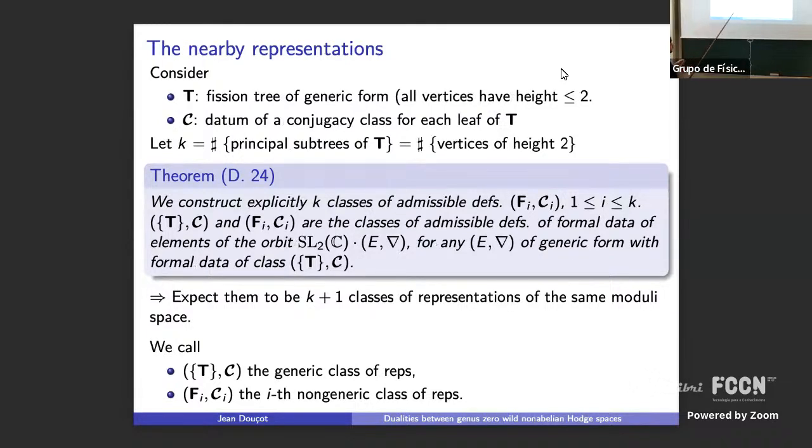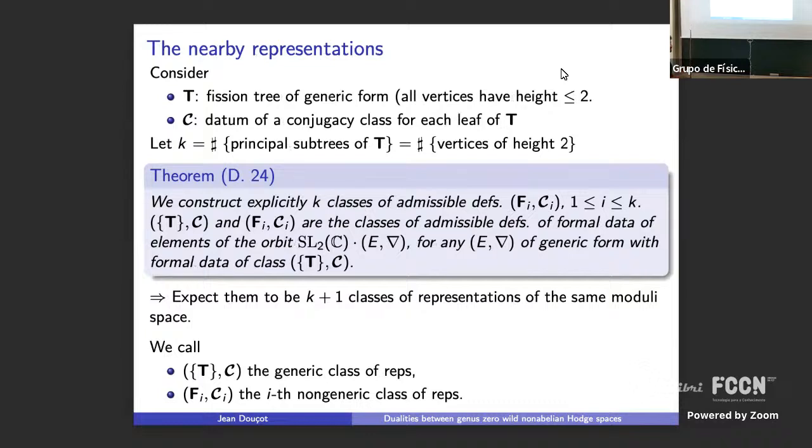And those data are none other than the classes of admissible deformations that appear in the SL2 orbit of any connection of generic form having this initial formal data. So, as in the simply laced case, there is a finite number of classes of admissible deformations of such formal data in an SL2 orbit, and I can explicitly describe them.